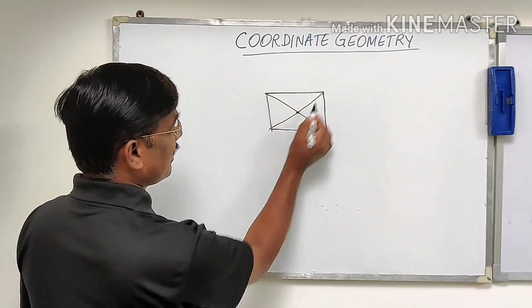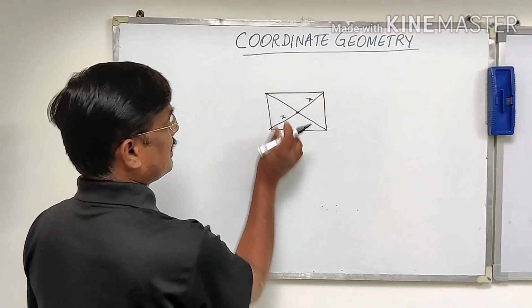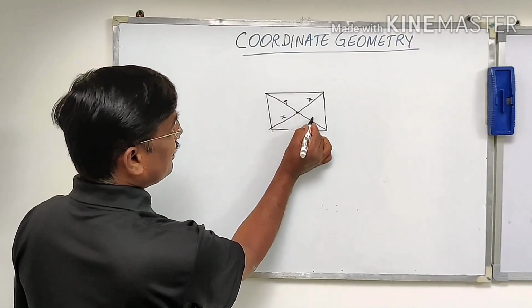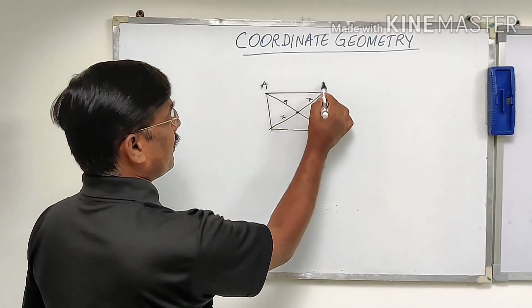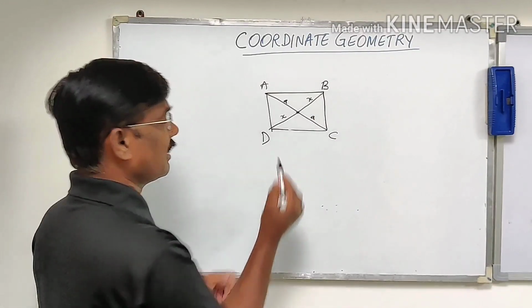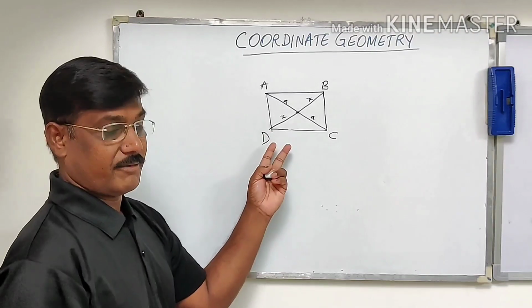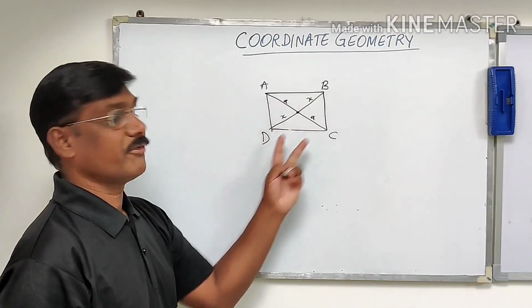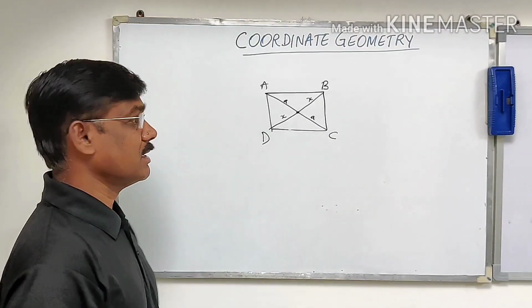That means if the length is x, this is also x; if the length is a, this is also a. So by using the coordinates of ABCD, we can say whether this geometric figure is a rectangle or square or rhombus.